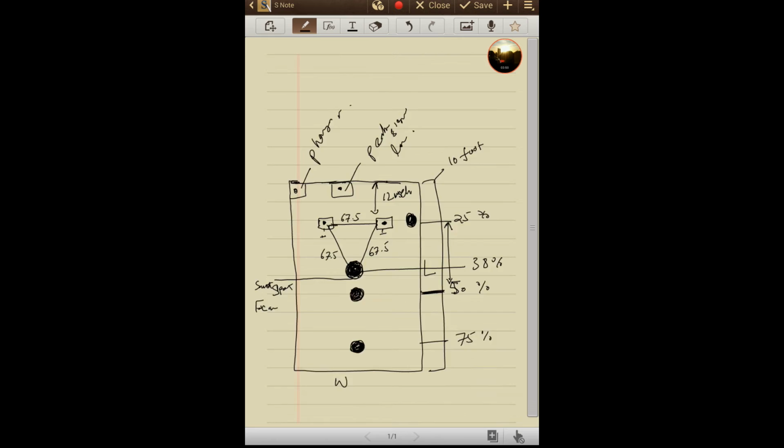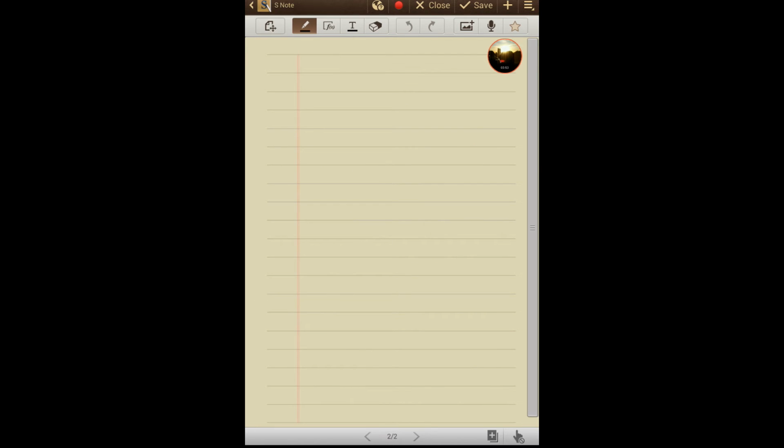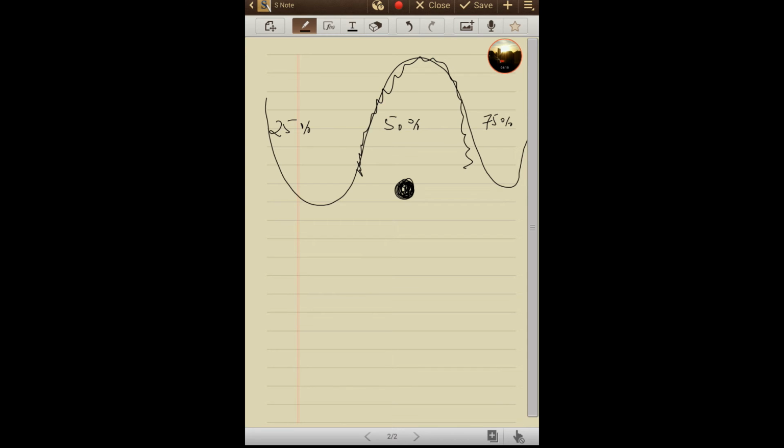Let's say this is the 25%, this is 50%, and this is 75% region. Let's create a sound wave. If we place the listener in the 50% region, then there would be one frequency that would be extremely loud in this region. So we avoid doing that.